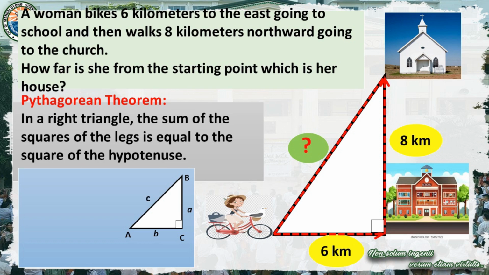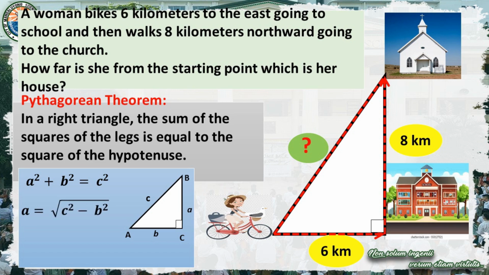So we have sides A, B, C, wherein the legs are A and B, and the hypotenuse is C. The formula is A squared plus B squared is equal to C squared. It's just simply squaring the legs, adding them, and it should be equal to the square of the hypotenuse.